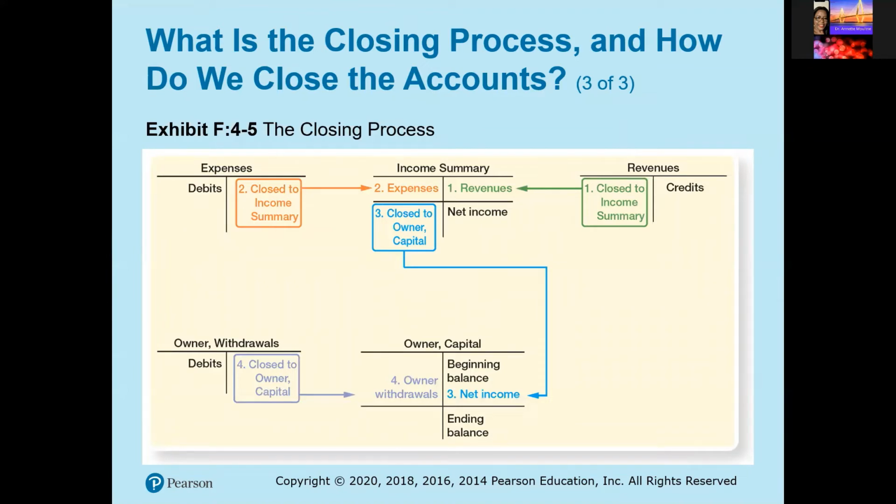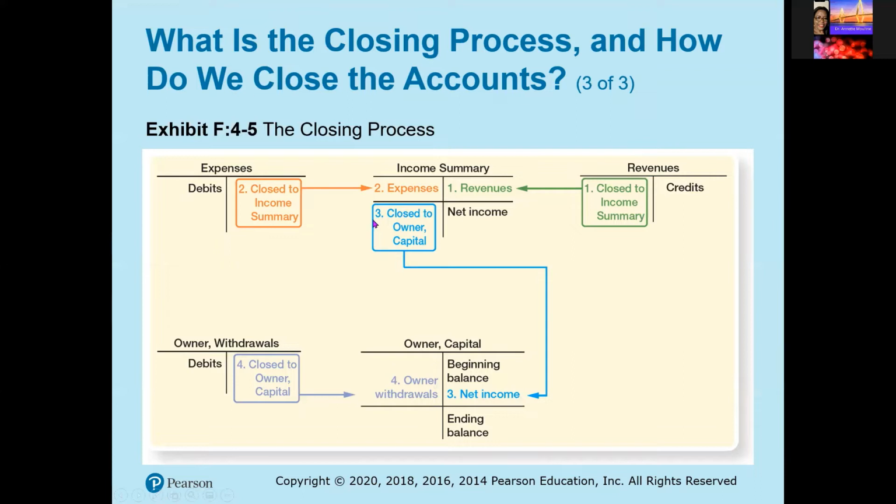Now, closing the revenue accounts requires that a debit be entered into the revenue account in an amount equal to the existing balance. The matching credit is entered into the income summary account. Next, each expense account receives a credit entry in an amount equal to the debit balance in each expense account. A matching debit is entered into the income summary account.